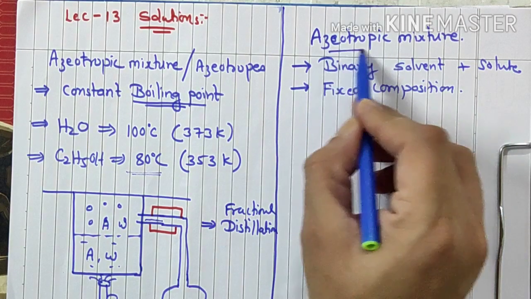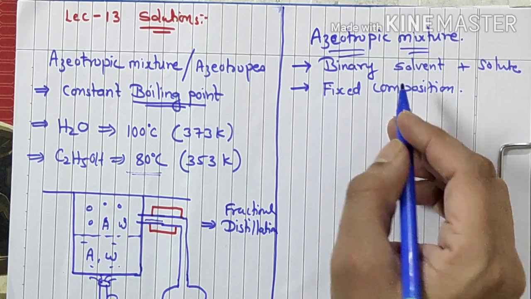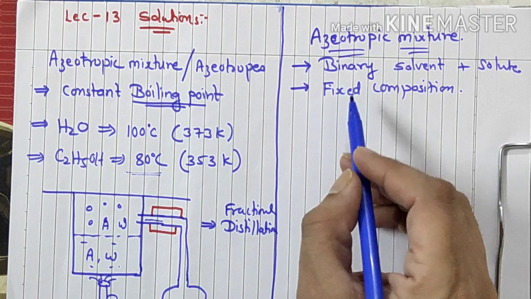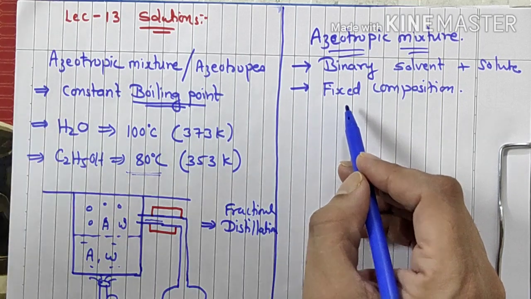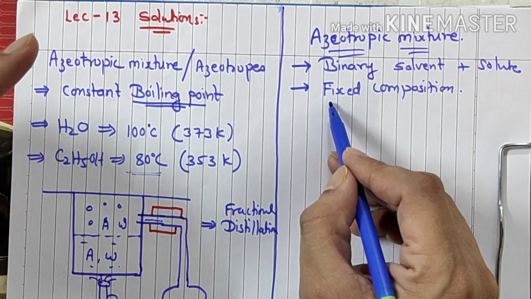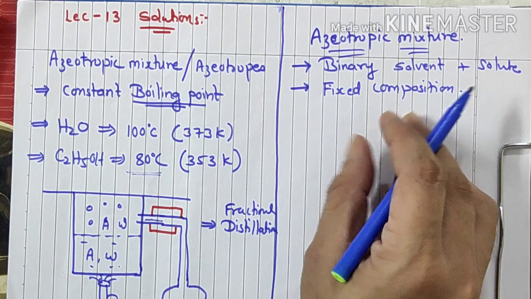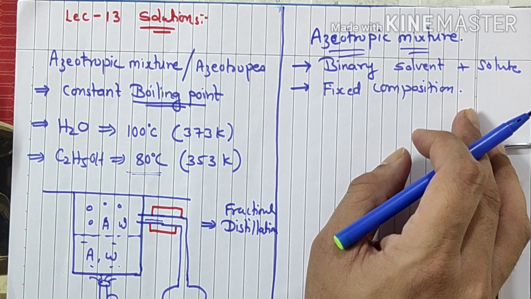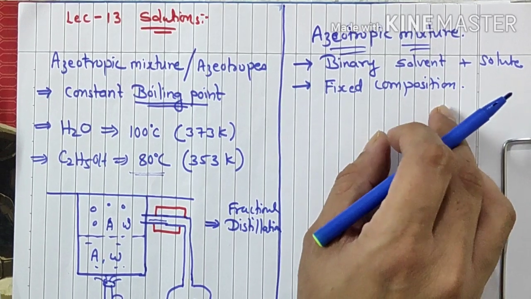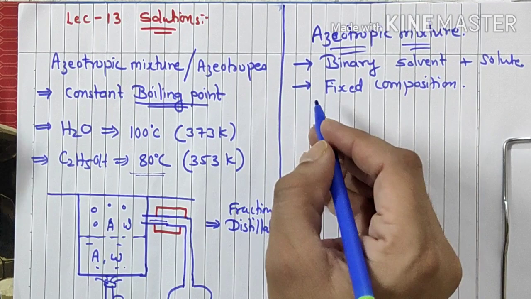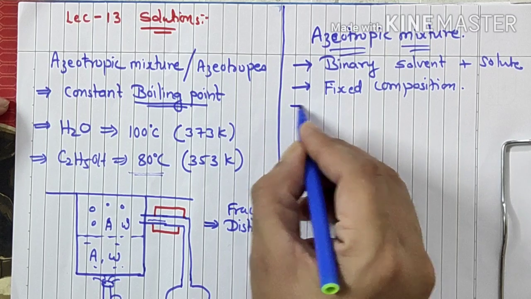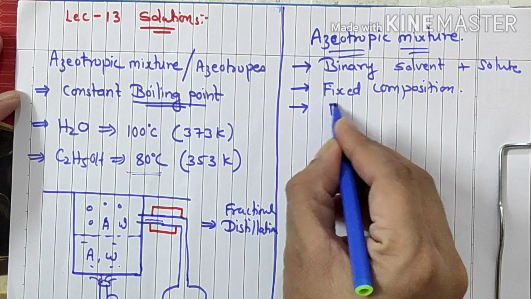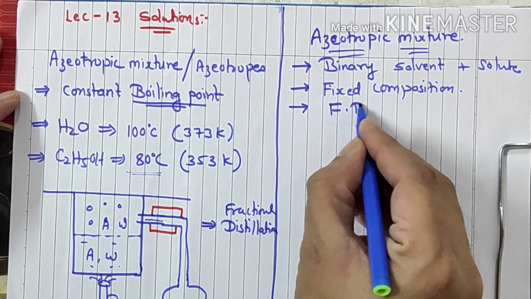But for an azeotropic mixture, so that the liquid has a constant boiling point, there is a need that there should be a fixed composition. उनका composition एक fixed होना चाहिए, fixed proportion होना चाहिए, right? Clear? Fixed proportion, fixed ratio. Now, one more point I can add to this. It cannot be separated by fractional distillation.